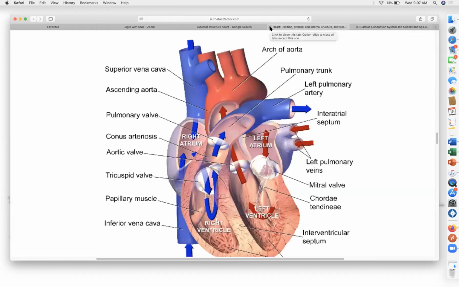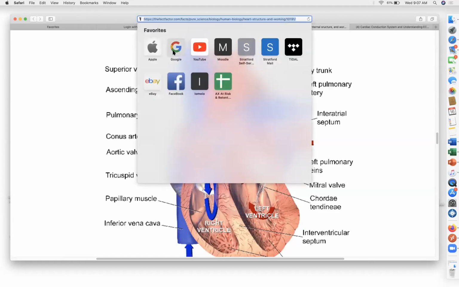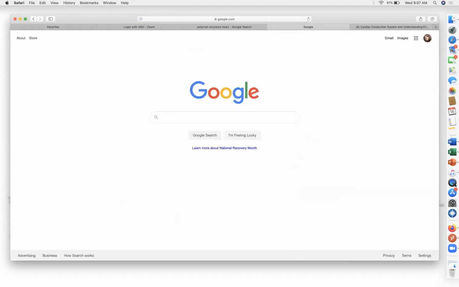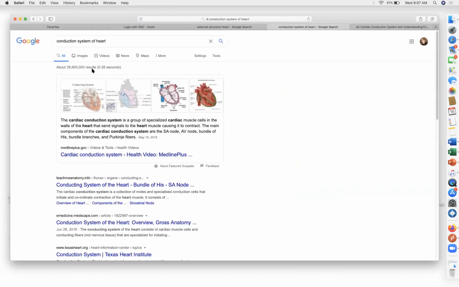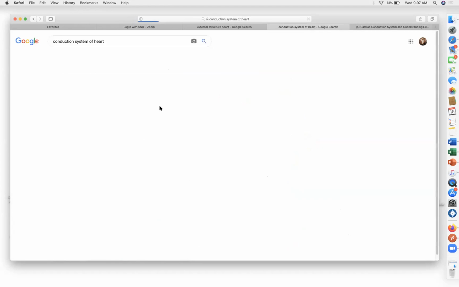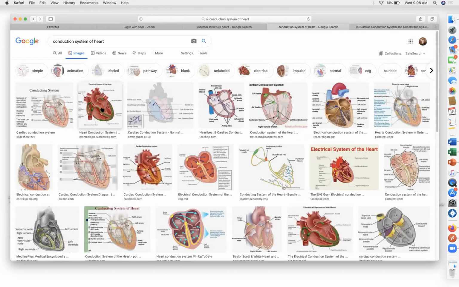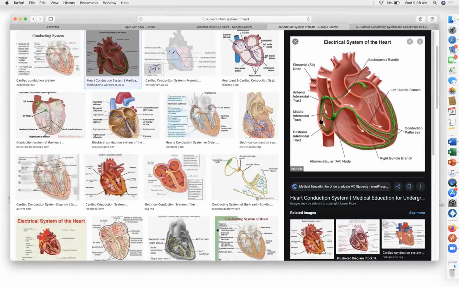All right. What else? Let's look at an actual diagram, an actual picture of the conduction system of the heart. Even though it's mislabeled green, it should be labeled yellow. What do you need to know? I need to know where my SA node is.